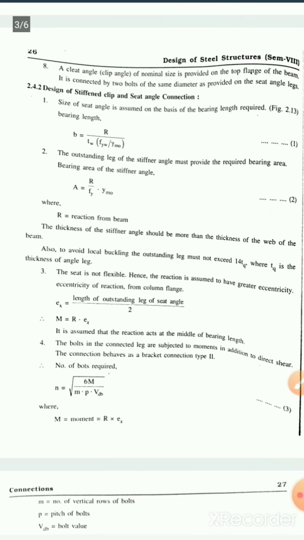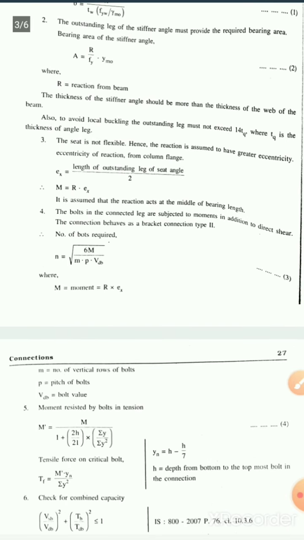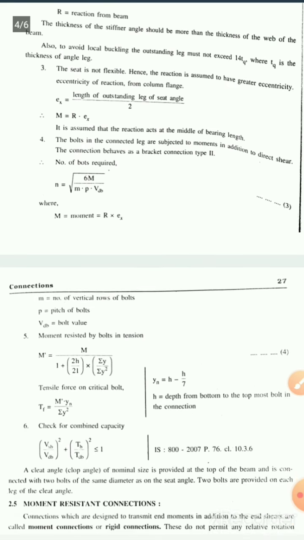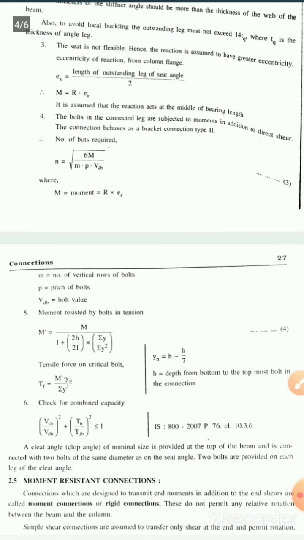Second is the design of stiffened clip and seat angle connection. So B equal to R upon TW, FYW upon gamma M0. A equal to R upon Fy into gamma M0. Ex equal to the length of the outstanding leg of the seat angle divided by 2. So M equal to R into Ex. N equal to the square root of 6M upon m p VDB, where M is the moment equal to R into Ex.